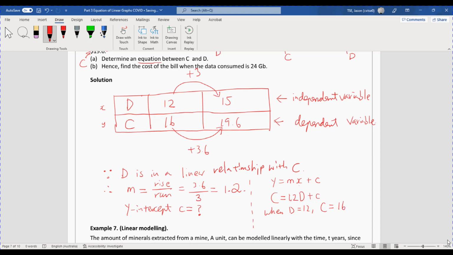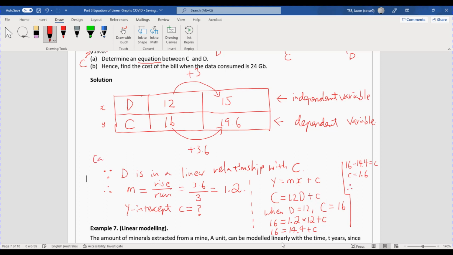So you will have 16 equals 1.2 times 12 plus c, which is 14.4 plus lowercase c. And 16 minus 14.4 equals lowercase c, and lowercase c just means this equals 1.6. Oh, good.